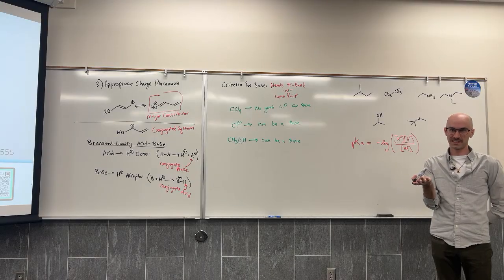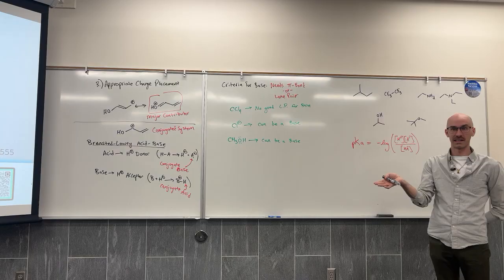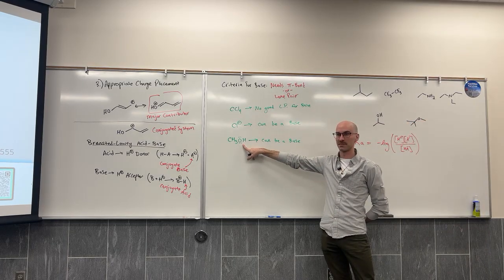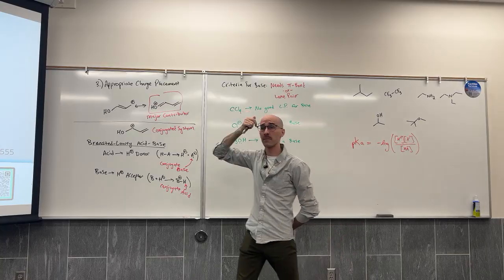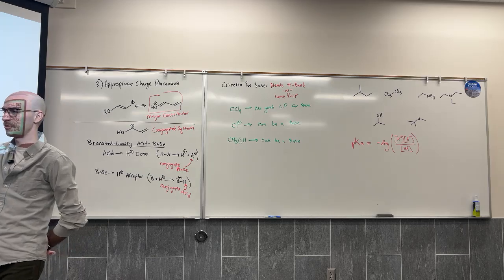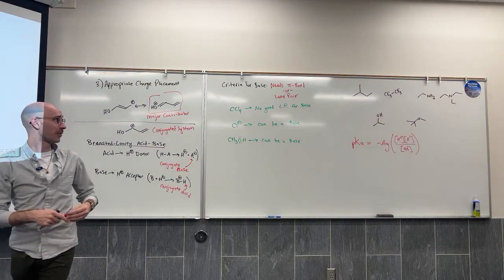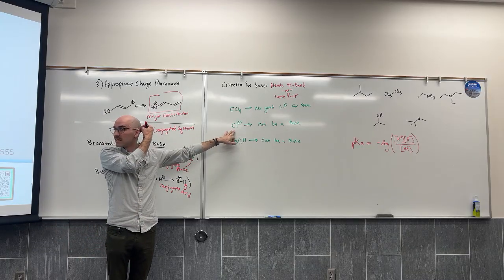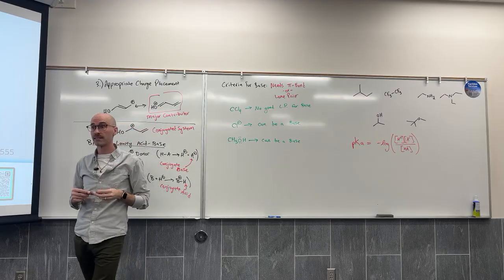It's just kind of this weird exception. This has lone pairs, but no one would call it a base. But this also has lone pairs, and it can be a base. So it's this odd thing about halogens. If they're in a structure, the halogens are not bases. In fact, halogens are bad bases as halides because the hydrogen halides are such strong acids.